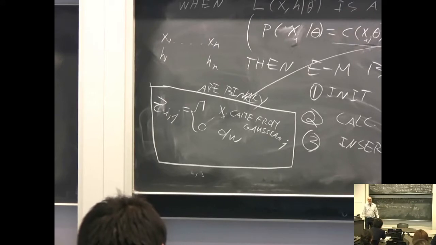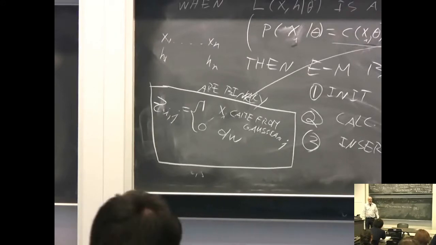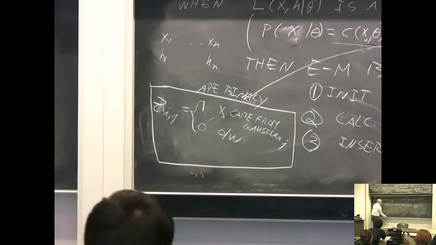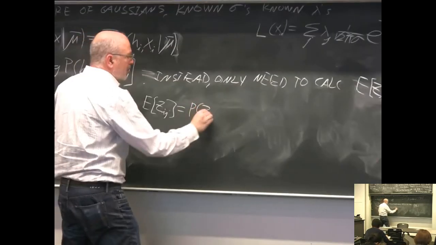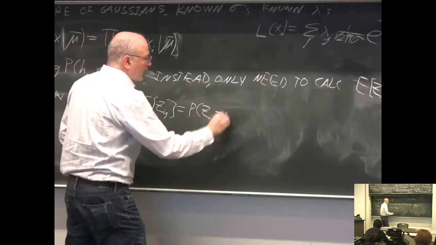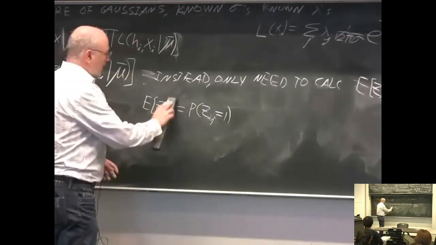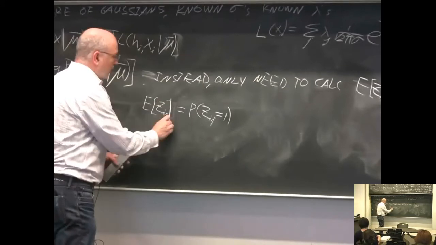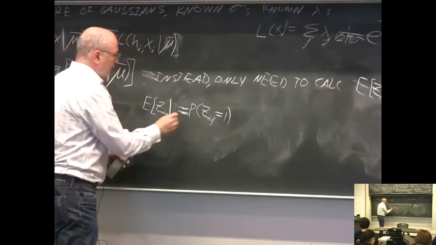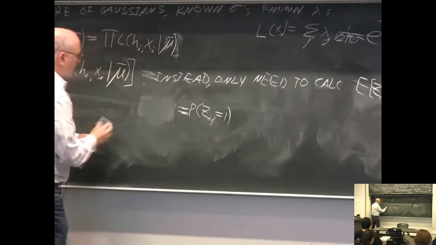What is the expectation of zij? It is the probability that the zij is 1, right? E of zij, since the zij's are all binary, is exactly the probability that zij equals 1. Now to be exact, this is expectation conditioned on the data I've seen. Sorry, I'm improvising a little bit.